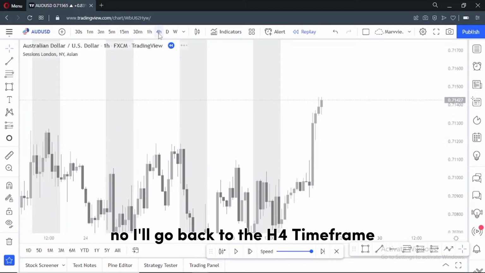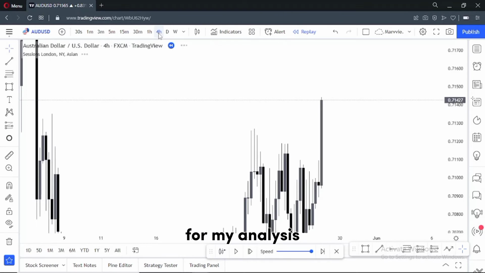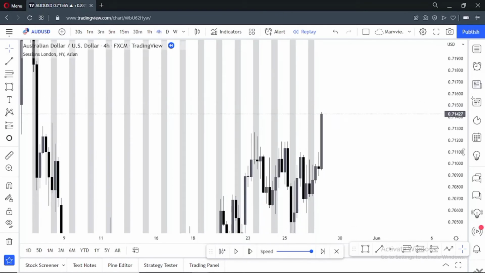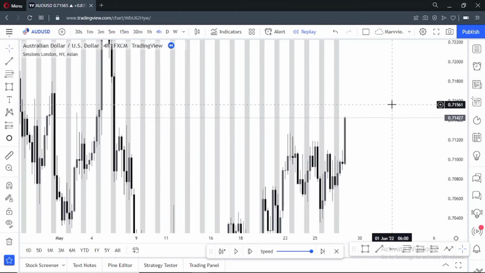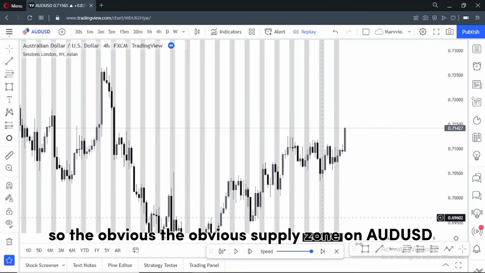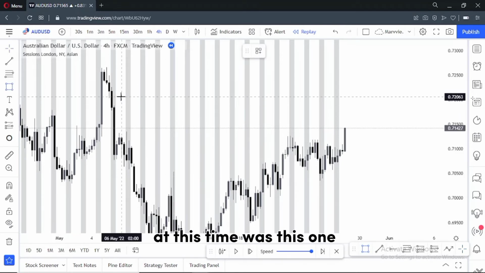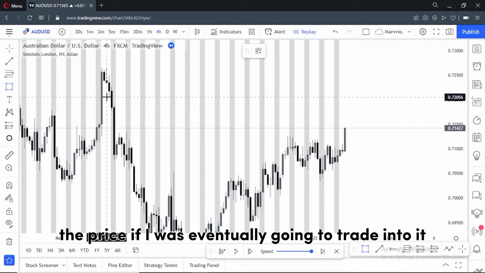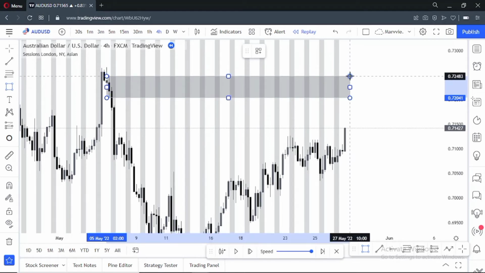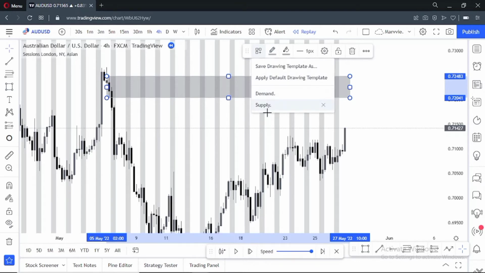Now I'll go back to my 4 hour time frame for my analysis. So the obvious supply zone on AUDUSD at this time was this one. If price was eventually going to trade into it, it would have taken a while. Supply.